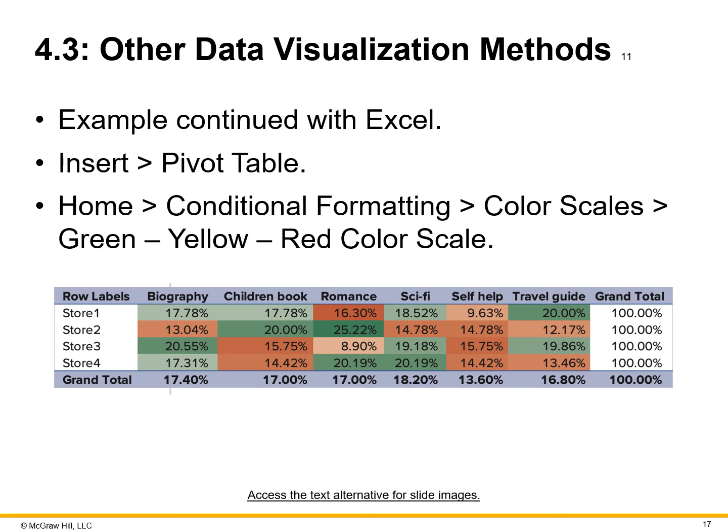So as you can see, the higher green values for biography is in store 3. Customers who prefer biography books have a higher percentage of buying more often in store 3, and the lowest in store 2.